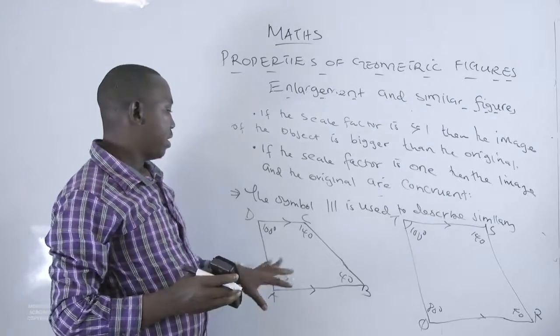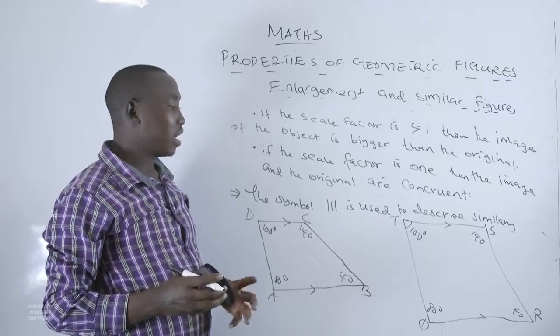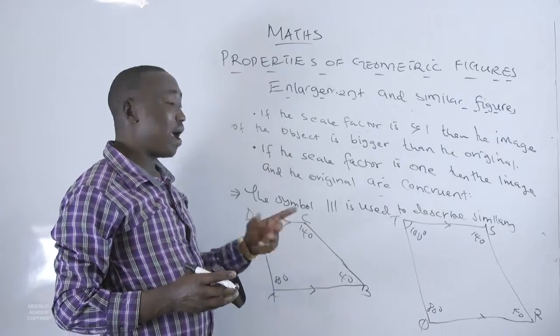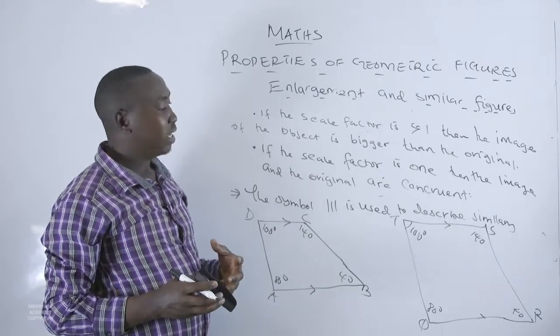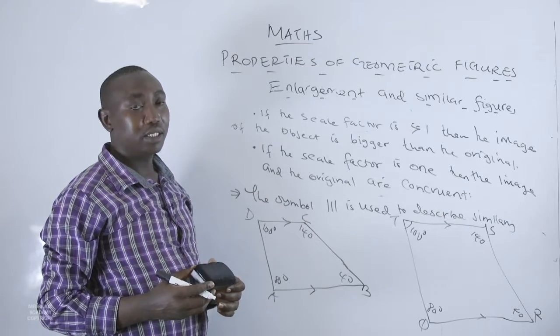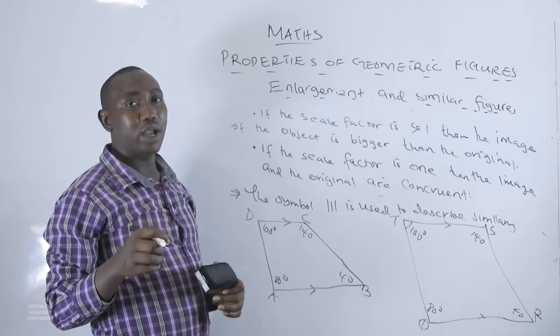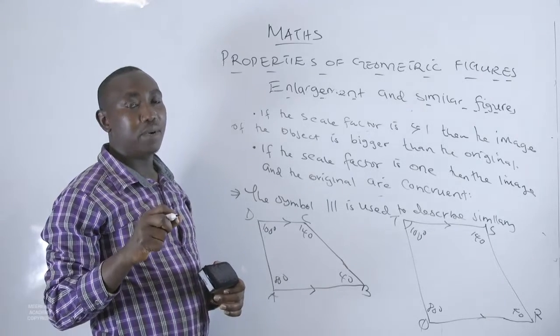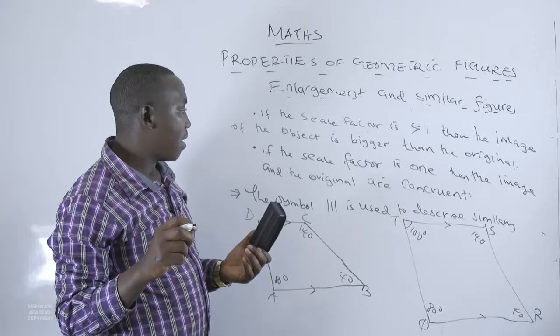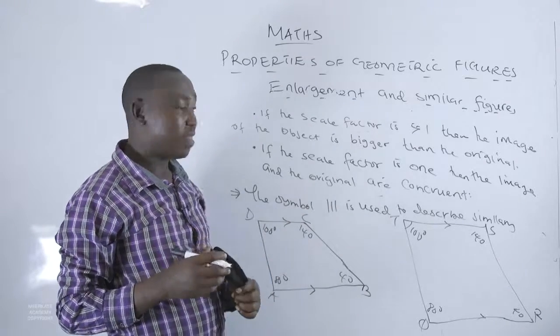So if you look at these two objects and compare the angles in each of them, you'll discover that all the angles are equal, and that will simply tell you that these two quadrilaterals are going to be similar, with some pairs of the sides being congruent.